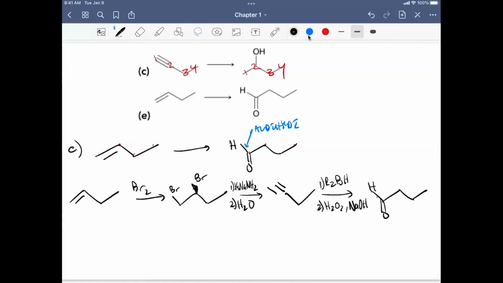That's how you can get those two halogens away, and in place of that get a triple bond, and that triple bond we know has a reagent that we can use to get to that aldehyde. So that's the synthesis there.